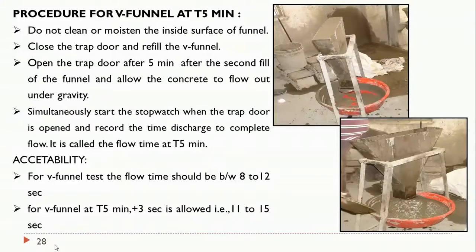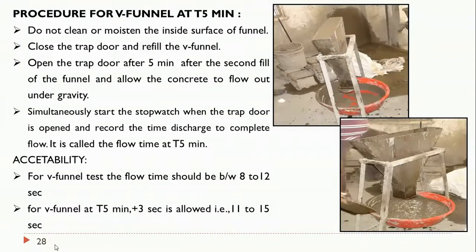It is called the flow time at T5 minutes. Obviously, for the first test, the time will be less. For the V funnel, the acceptable limit is 8 to 12 seconds, so between 8 to 12 seconds the concrete has to be completely discharged from the V funnel.